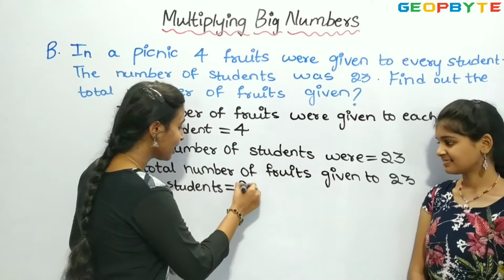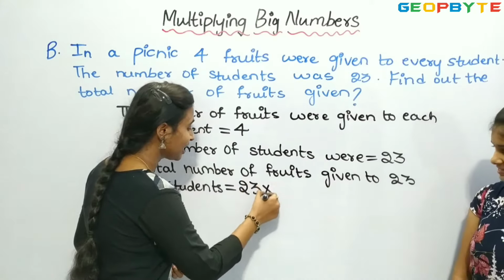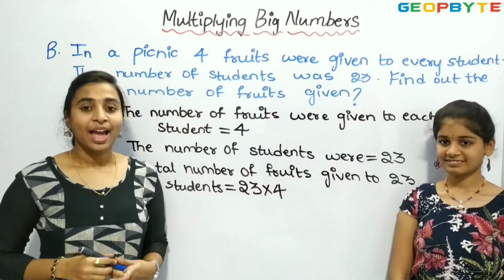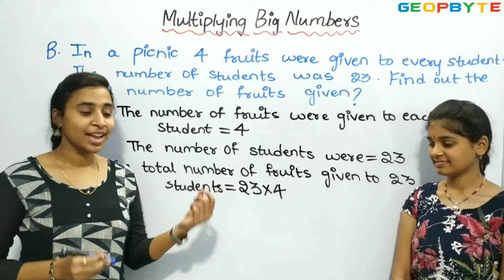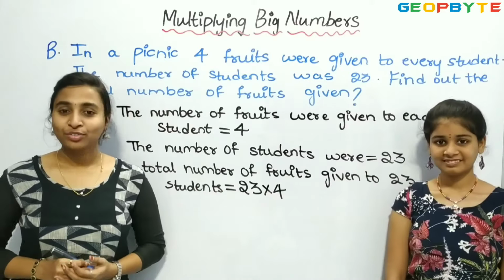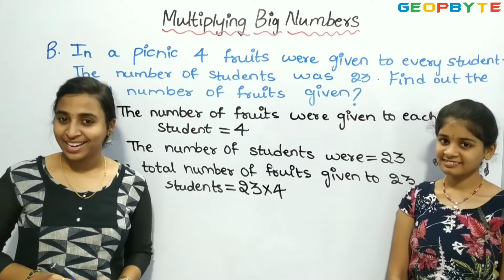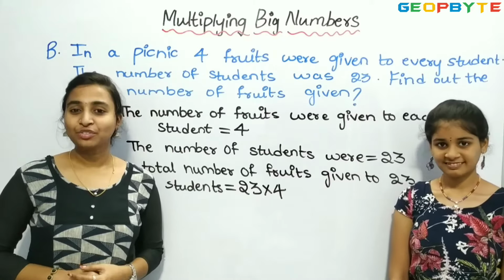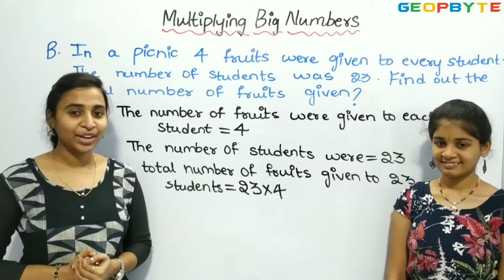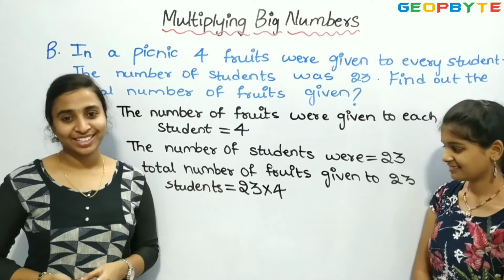So children, let us write 23 into 4. As 23 is nothing but the total number of students, and 4 is nothing but 4 fruits are given to each student. So if we multiply 23 and 4, we can find out how many fruits are given to the total number of 23 students.